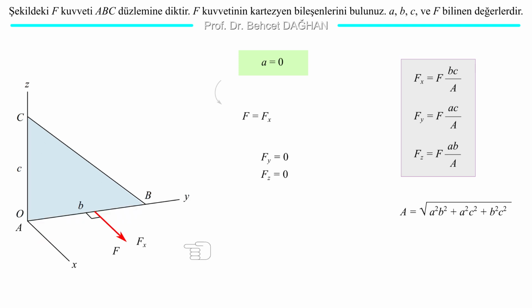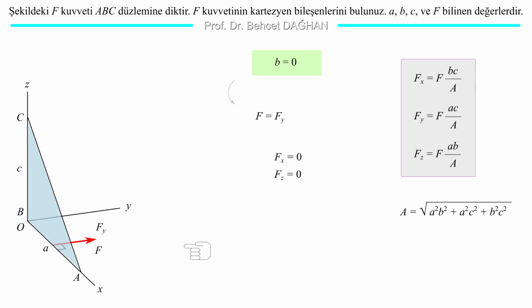Another possibility is that A could be 0. If A equals 0, if we write 0 where we see A, we see that the y and z components of F will be 0, and only the x component of F will remain, according to the relations we obtained. When only the x component of F remains, then F equals the x component of F. If B is 0, only the y component of F remains.